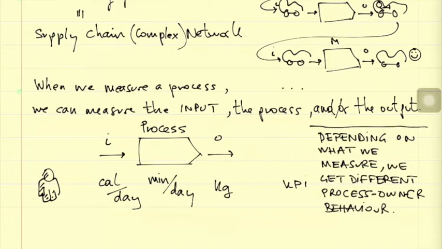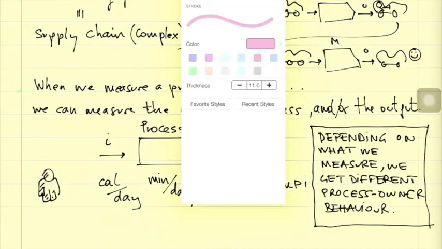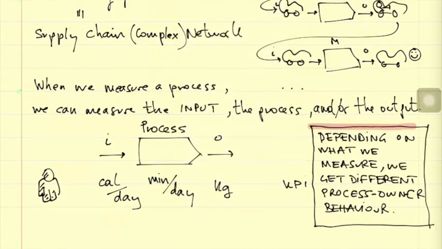Okay, and this is important. So our management system that is going to be measuring performance in order to explain variability is going to guide process owner behavior.